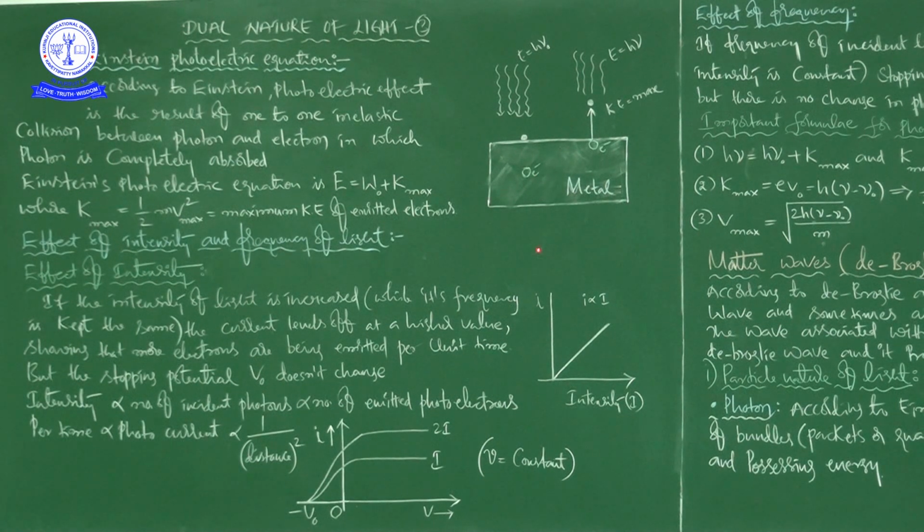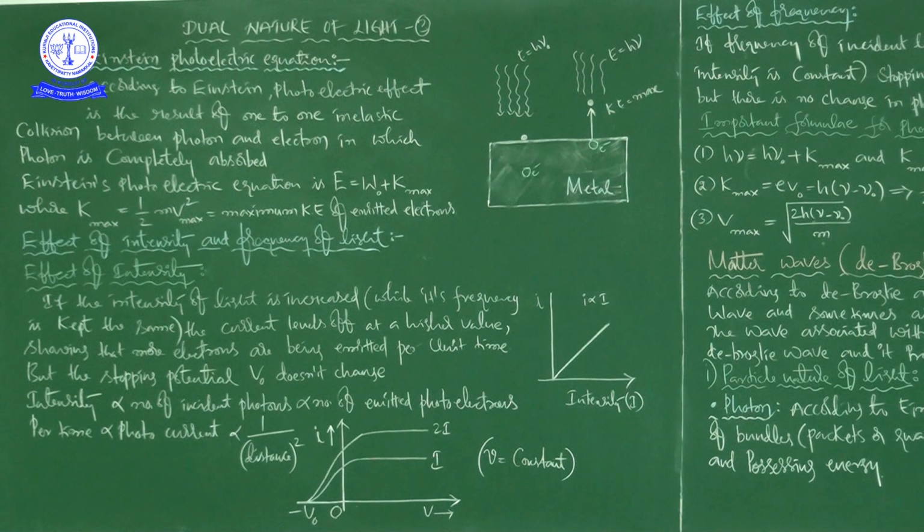Phenomena wise, okay, but for the electrons to come out from a metallic surface, what is the minimum energy required for the incident radiation? What is the frequency of the incident radiation? What is the wavelength of the incident radiation? These factors are very important.